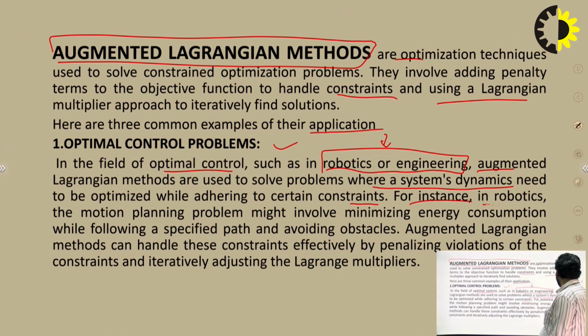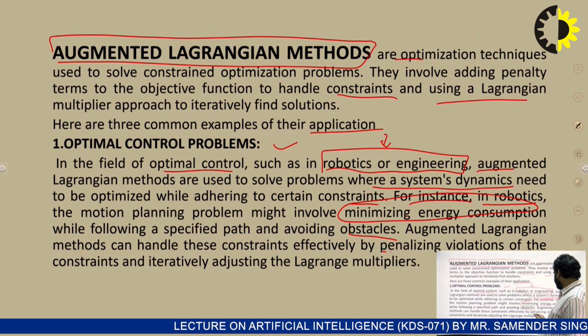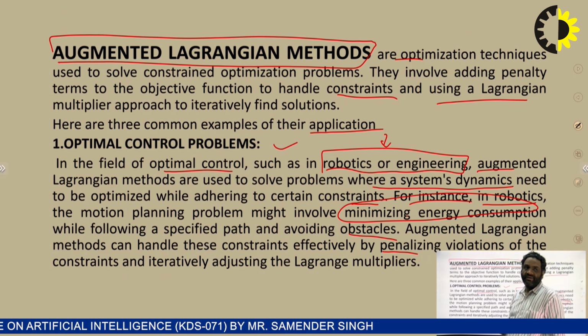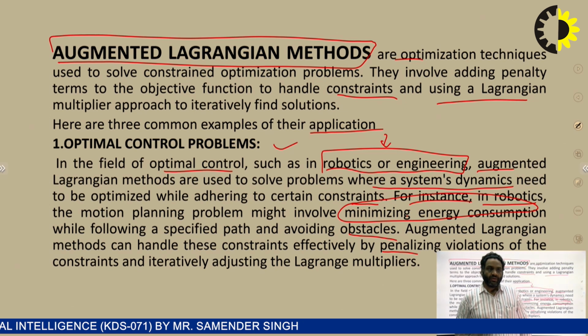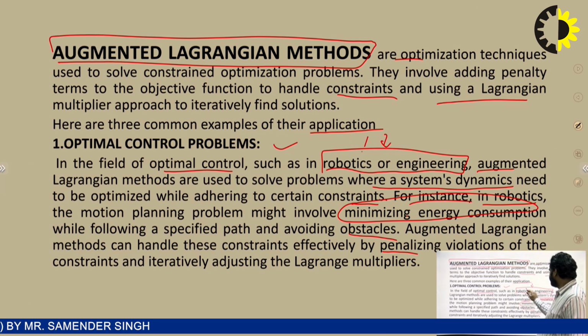For instance, in robotics, motion planning problems might involve minimizing energy consumption while following a specified path and avoiding obstacles. Augmented Lagrangian methods can handle these constraints effectively by penalizing violation of the constraints and iteratively adjusting the Lagrangian multiplier. So by means of Lagrangian methods we can solve optimal control problems that are frequently used in robotics.